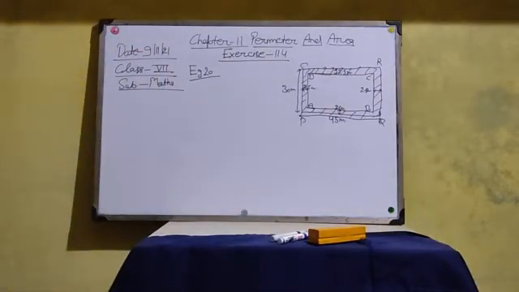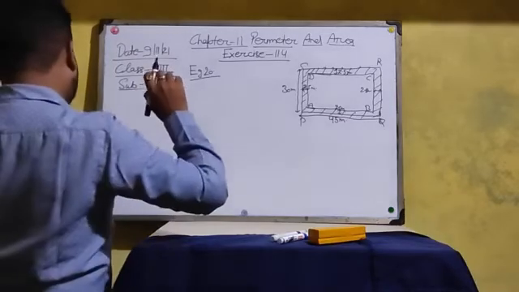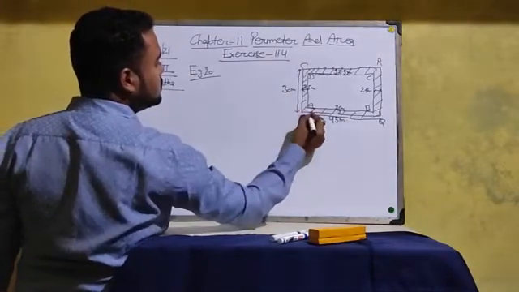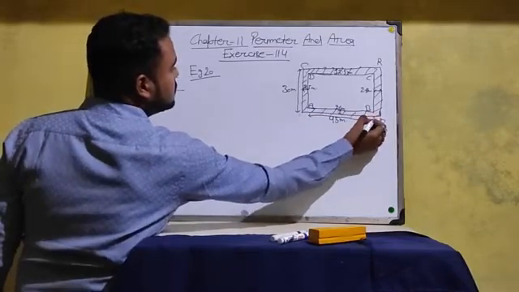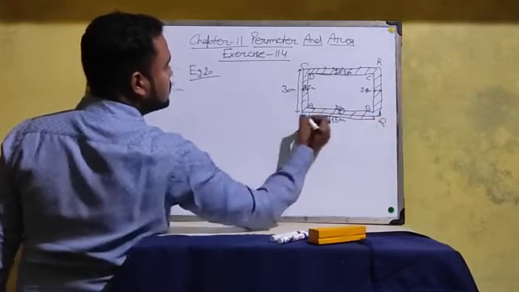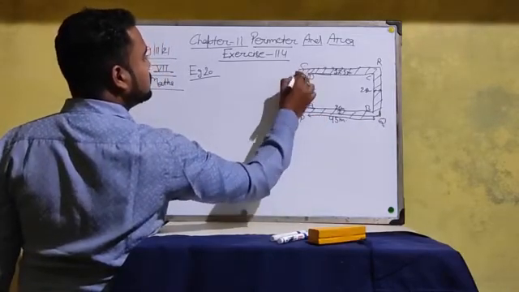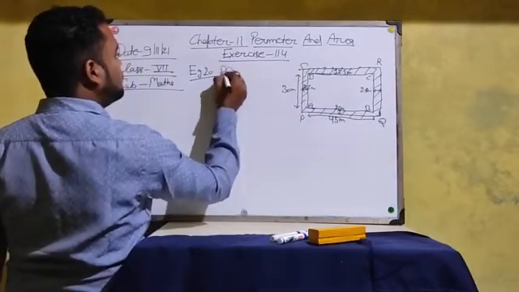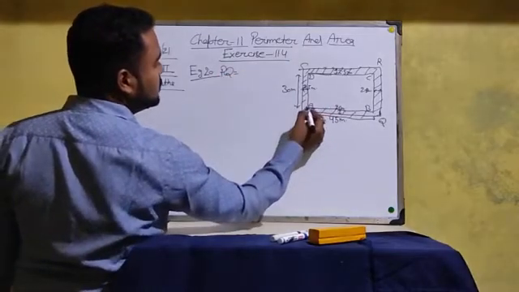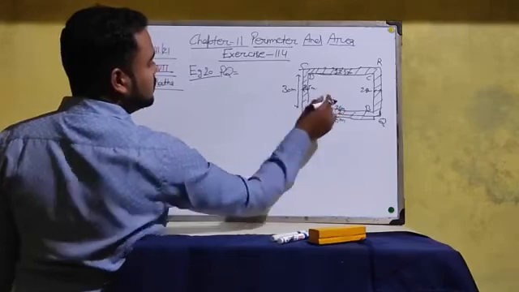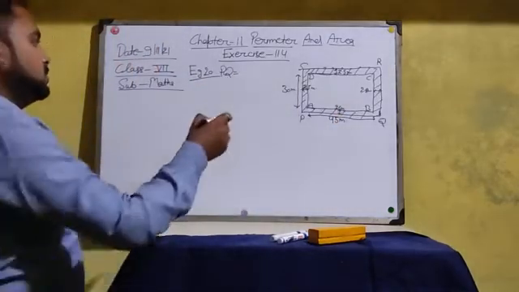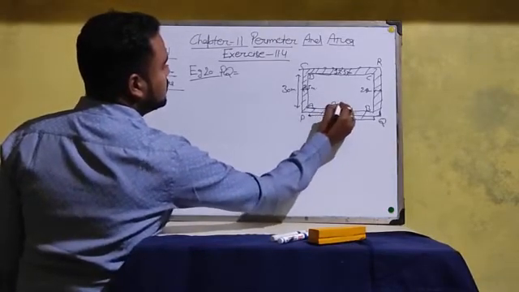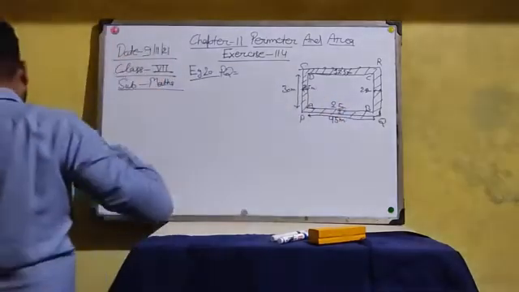As we know, the length is given only for the inner boundary, and we have to calculate the area of the path.